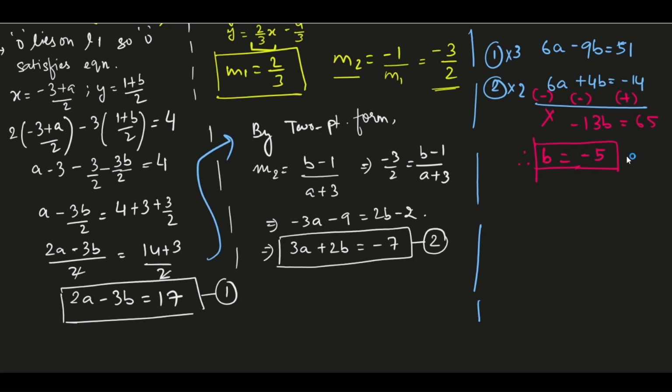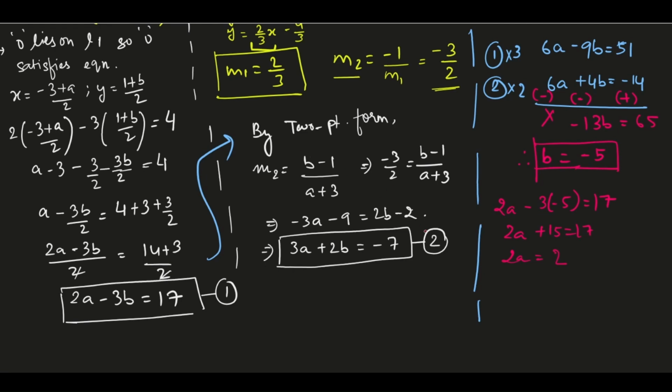So अगर b का वैल्यू -5 है, so we'll substitute this value in any of the equations and find out the value of a. So 2a minus 3 into -5 is equal to 17. So 2a plus 15 is equal to 17. 2a is equal to 2 because ये plus 15 will go toward the right side and it will become 2.